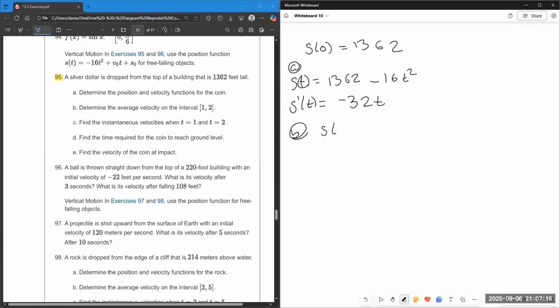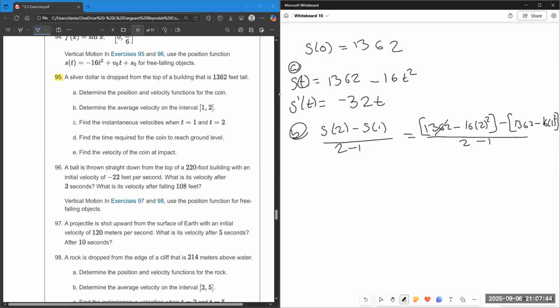So this would be s of 2 minus s of 1 over 2 minus 1, which is 1362 minus 16 times 2 squared, minus 1362 minus 16 times 1 squared, over 2 minus 1. 1362 minus 1362 is 0.